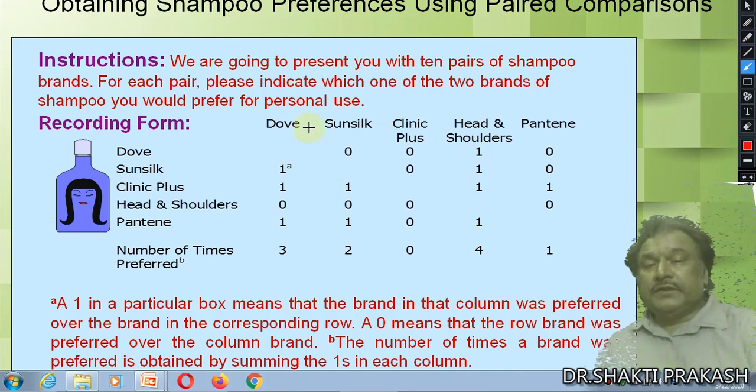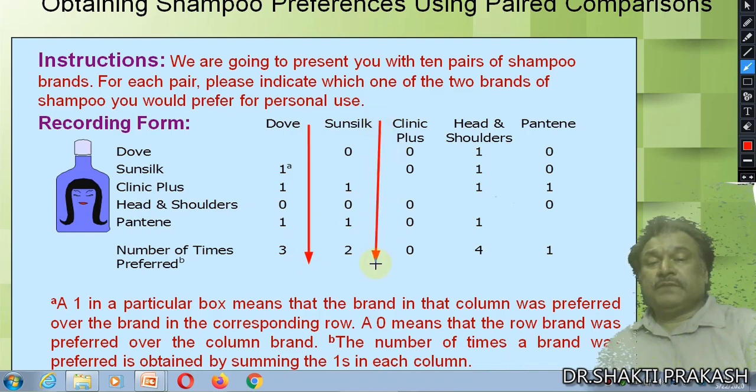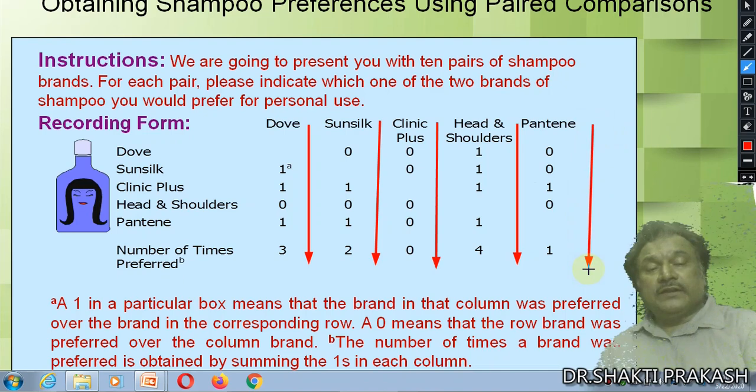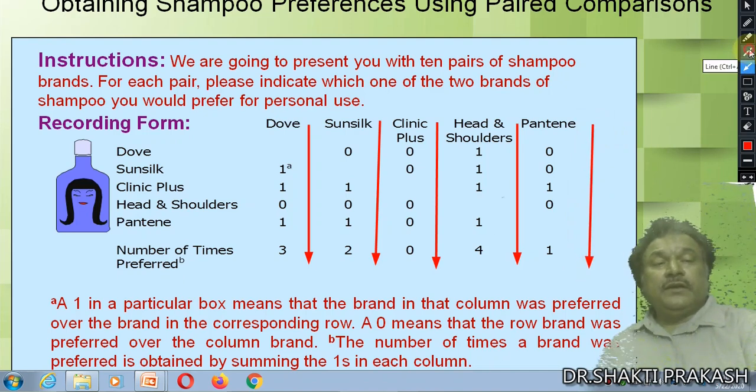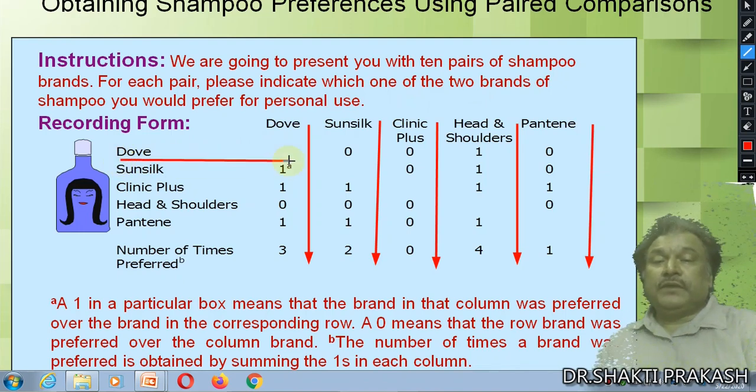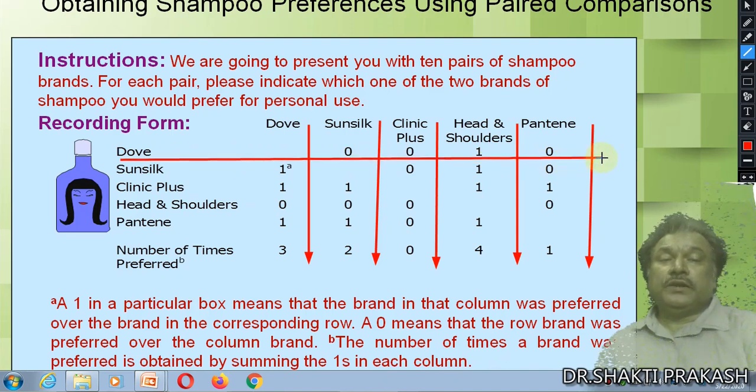Here you are getting the marks of the Dove brand, here the marks of the Sunsilk brand, the marks of Clinic Plus, the marks of Head and Shoulder, and the marks of Pantene. These are the ways they will collect the data and compare. Like here you are going to compare Dove with Sunsilk. It is in a row, and in the row you will get the data.